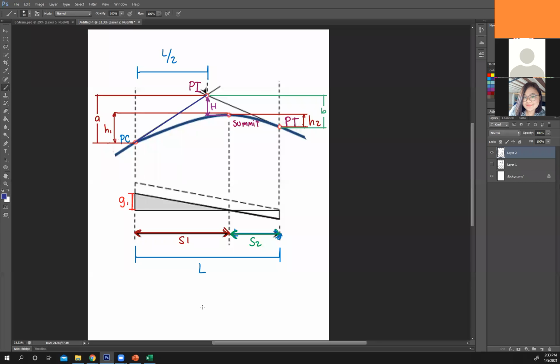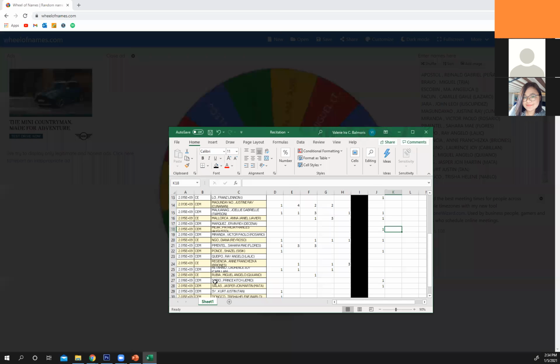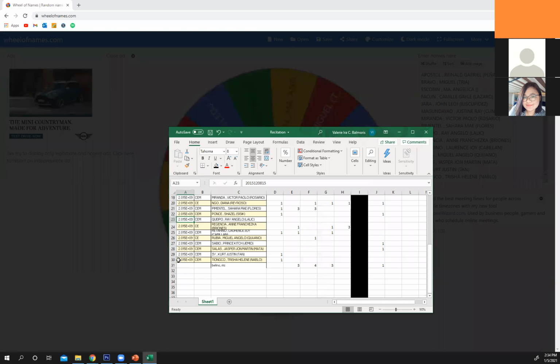What is this? G2 po. Correct, G2. Okay, next.